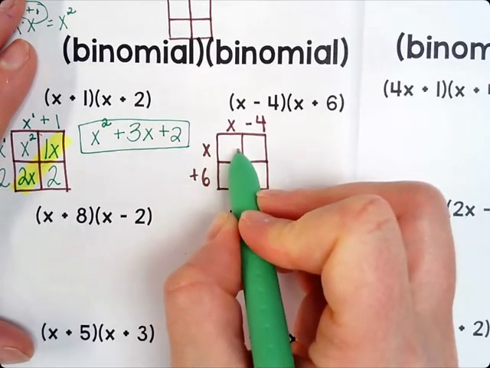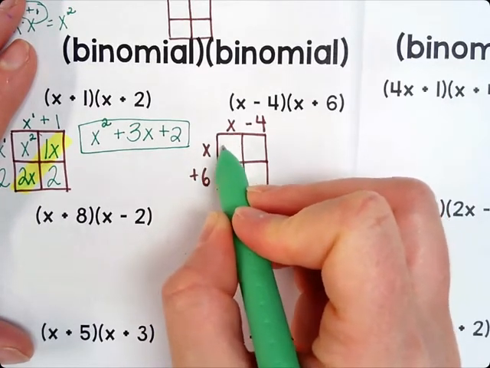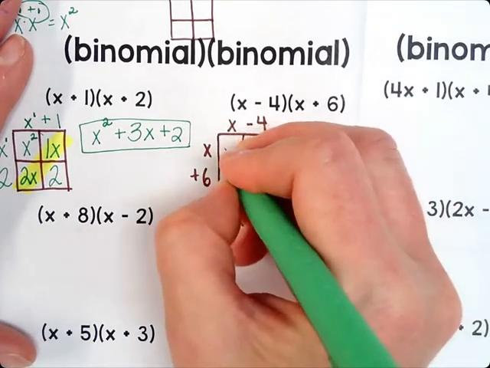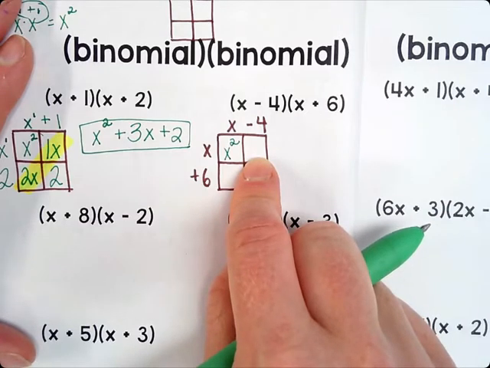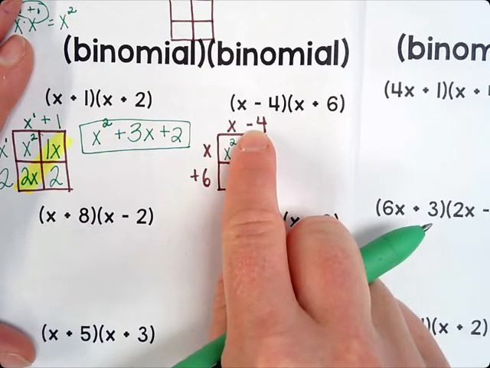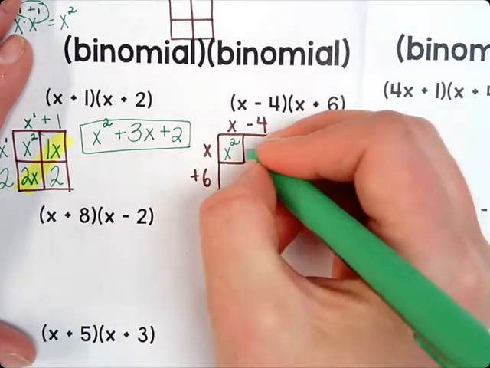What do I multiply together to get what goes in this box? What am I multiplying? X and x, what does that make? X squared. Okay, what about this one? Negative 4 times x would be negative 4x.